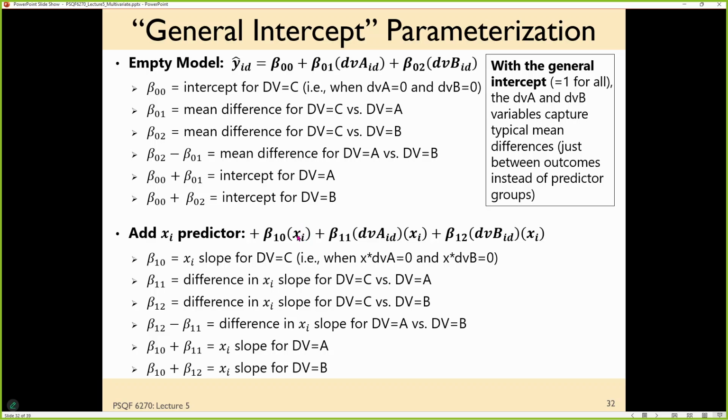And that is only the effect of X when these things drop out, when the moderating variable is held to 0. So therefore, this must be the effect of X in condition C specifically for that outcome. And then beta 1 tells me how the effect of X differs if I'm predicting A instead of C. And beta 1,2 tells me how the effect of X differs if I'm trying to predict B instead of C.